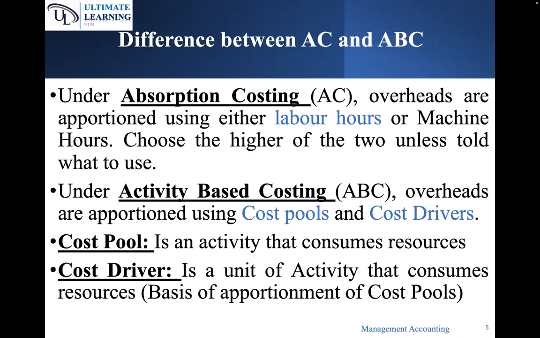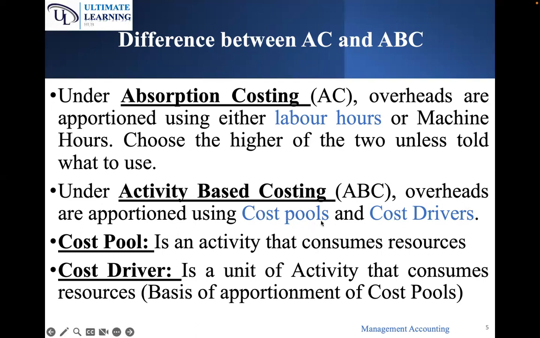However, if you have been told to use labor hours, use labor hours, even if it is small. If you have been told to use machine hours, use what you have been told. If you have not been told, you choose the higher of the two. But if you have been told how to share the overhead costs, use what you have been told.